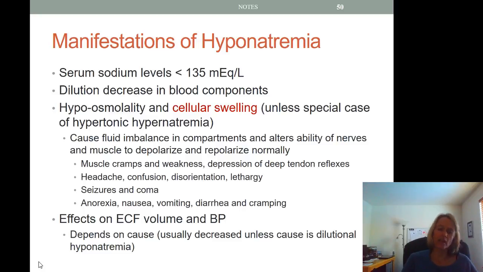The effects on the extracellular fluid volume and blood pressure are going to depend on the cause. Remember we looked at whether it is hypovolemic, euvolemic, or hypervolemic? But usually it's decreased unless the cause is a dilutional hyponatremia.